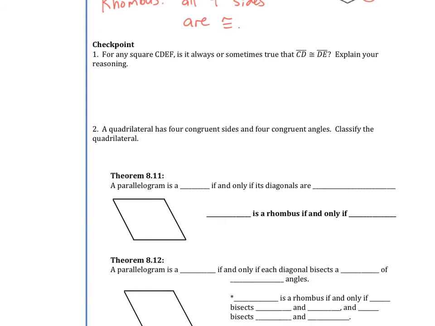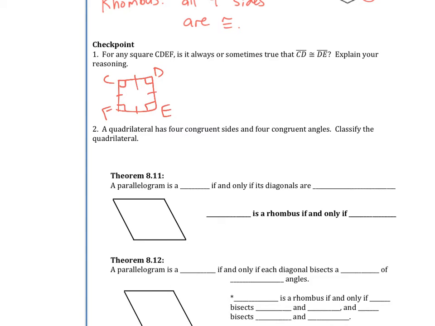Checkpoint 1, for any square CDEF, is it always or sometimes true that CD is congruent to DE. Explain your reasoning. So if we have a square, C, D, E, F. Squares have right angles and 4 congruent sides.